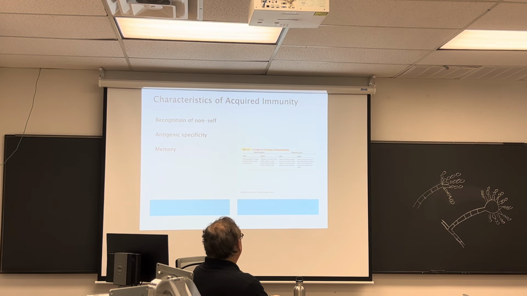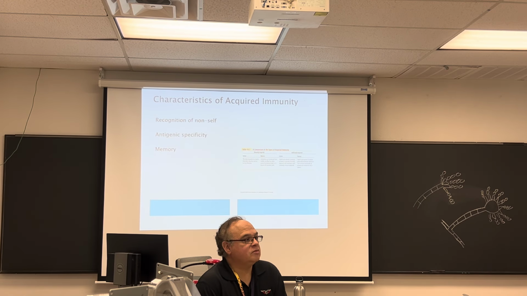And then lastly, acquired immunity has to develop memory. And what that means is that our cytolytic cells, our T cells and our antibodies are there forever once we come in contact with an infectious agent. And our body doesn't recognize an infectious agent as different than a vaccine. It recognizes them both the same, they're non-self.